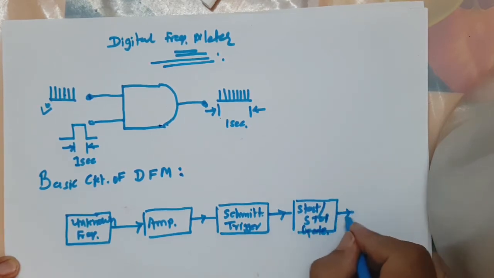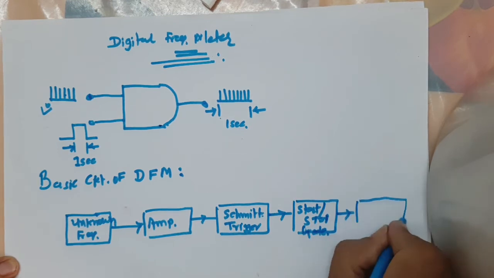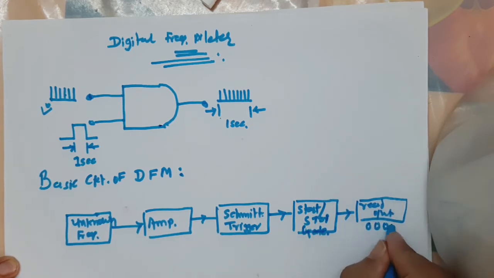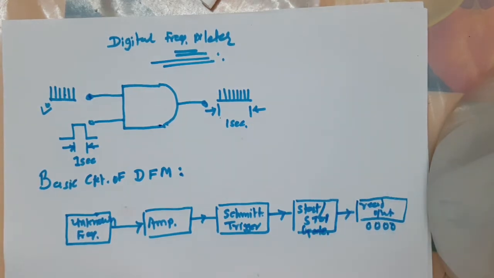Then we have the readout, that means 0 0 0 0 0 0 0 1 like this. So this is the block diagram of the basic circuit of a digital frequency meter.